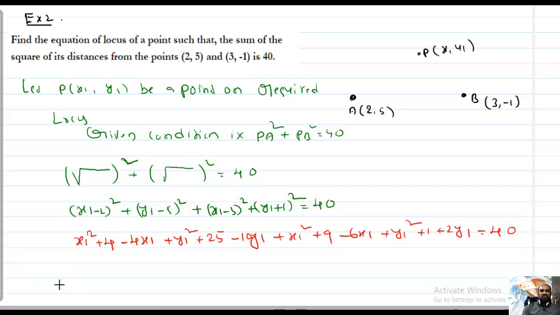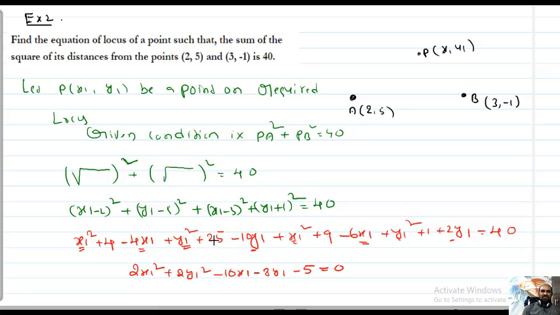Okay, so x1 square plus x1 square is 2x1 square, y1 square plus y1 square is 2y1 square, minus 4x1 minus 6x1 is minus 10x1, minus 10y1 plus 2y1 is minus 8y1, and 9 plus 25 plus 4 plus 1.